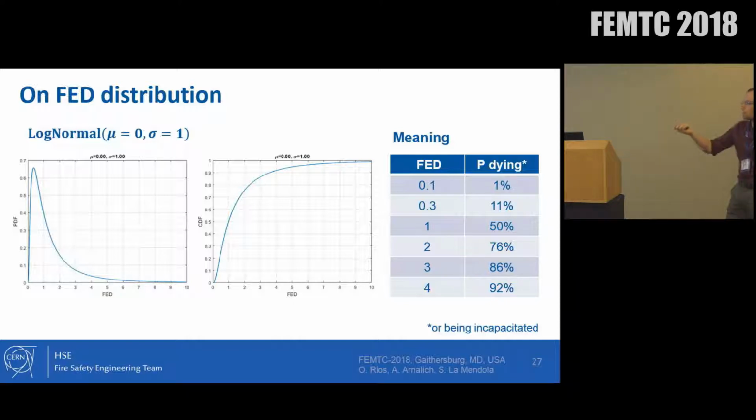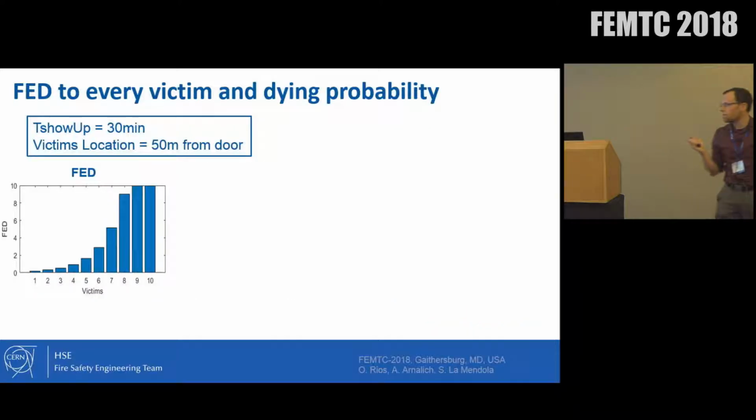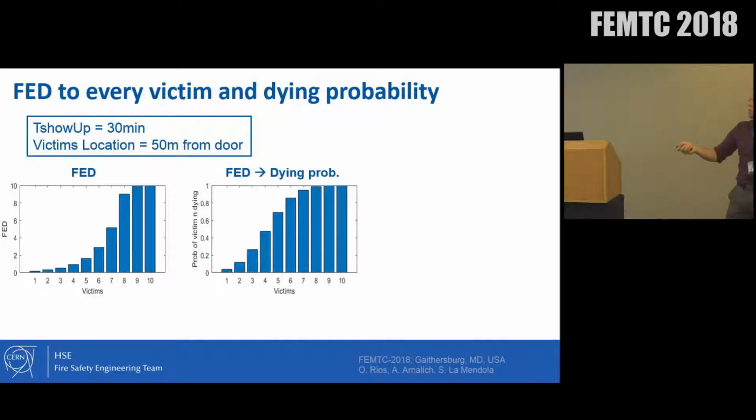So we have these data, so we have the PDF and the CDF of this distribution, so we can say once I get the FET of the victims, I can transfer this into a probability of these victims dying or being affected by this FET, and we can do this thanks to the log normal distribution.